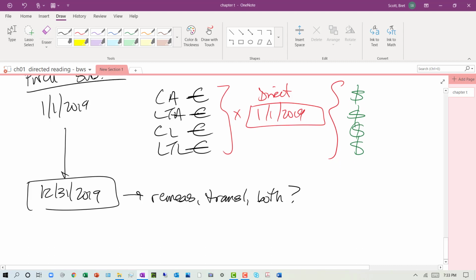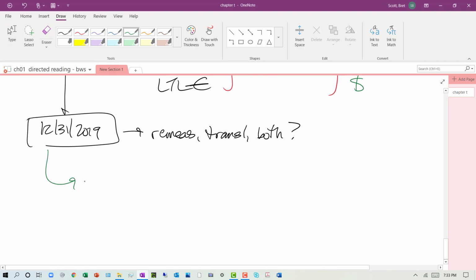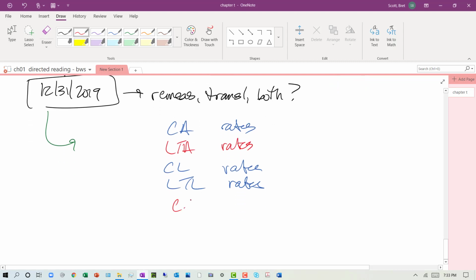However, if we're talking about 12/31/2019, and we've got current assets, long-term assets, current liabilities and long-term liabilities, and capital stock, the problem we see is that if we're using different rates, multiplying these across is not going to yield a balance.